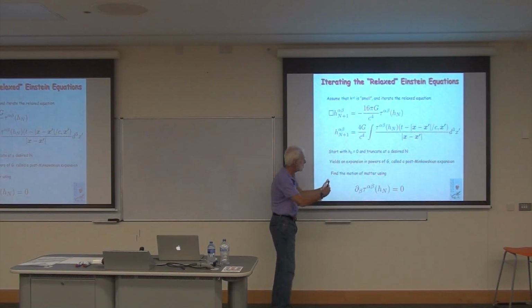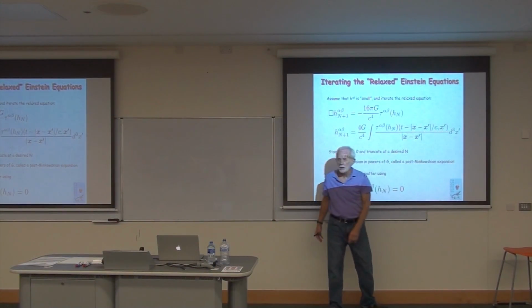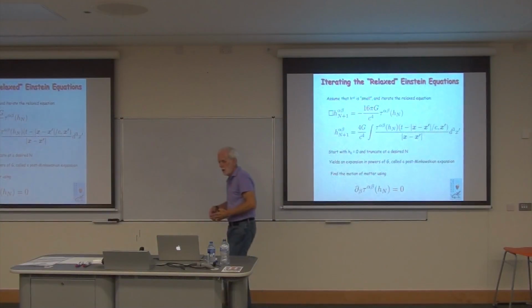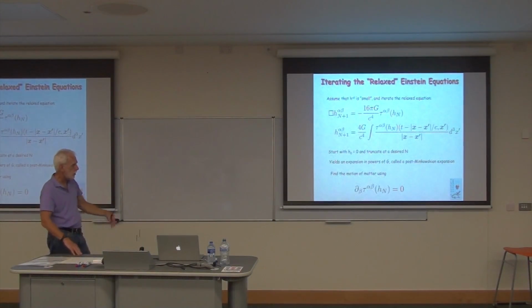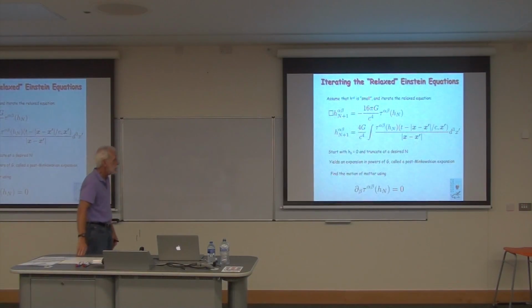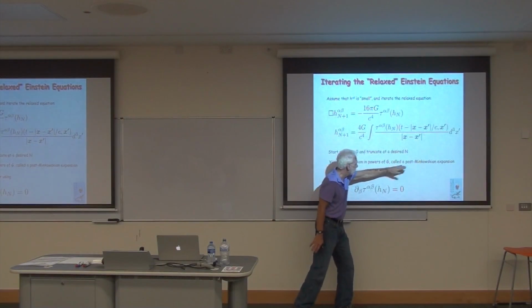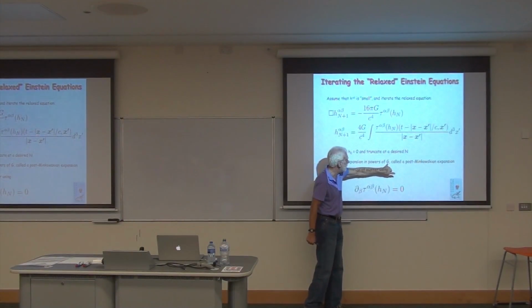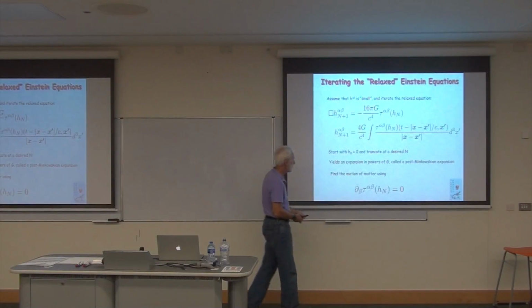So you get this sequence in powers of G, and this is called a post-Newtonian expansion. This is an approach that was developed in France by Thibault Damour and Luc Blanchet, building on earlier work by other people. And that's where this terminology comes from. It's really an expansion in powers of G that you get by just cycling through with higher-order solutions for H.